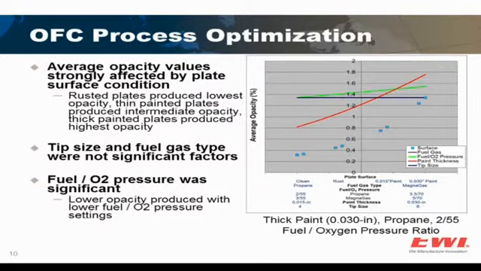The blue line here represents tip size, and again, tip size was demonstrated to not be a significant factor. The green line is fuel O2 pressure. Lower fuel and O2 pressure produces lower opacity. And the dotted blue line is the surface condition.